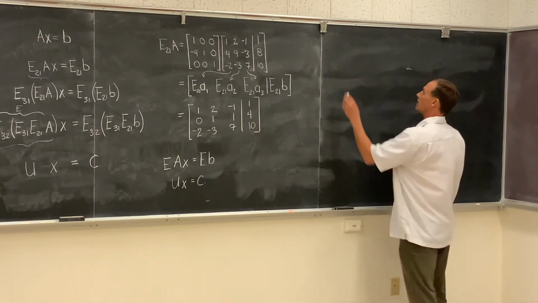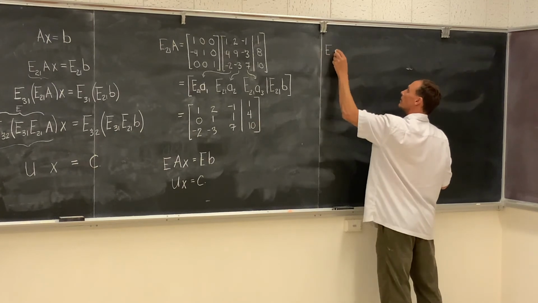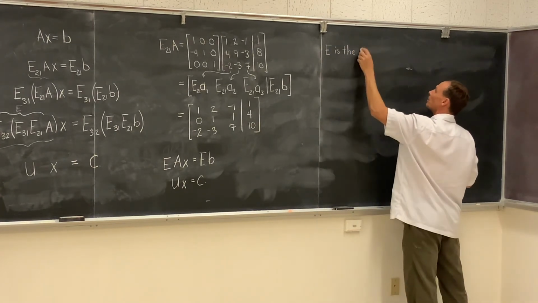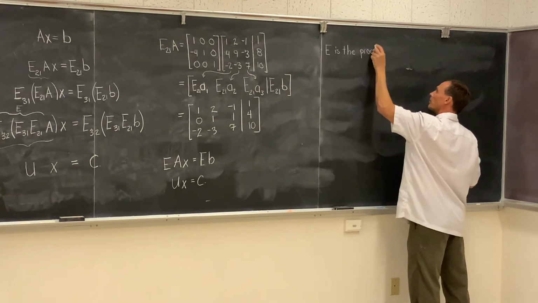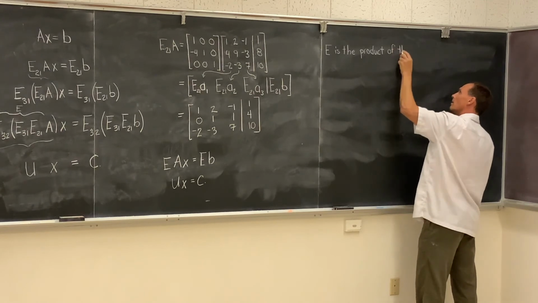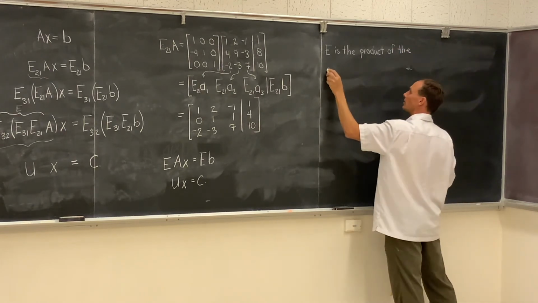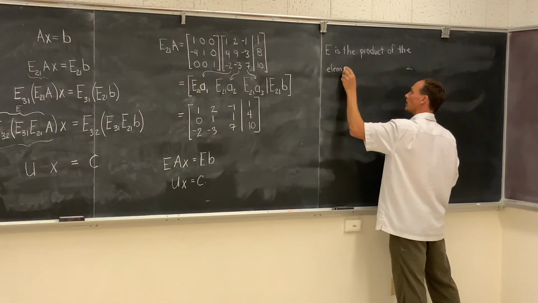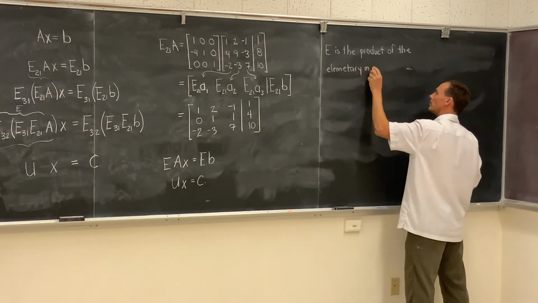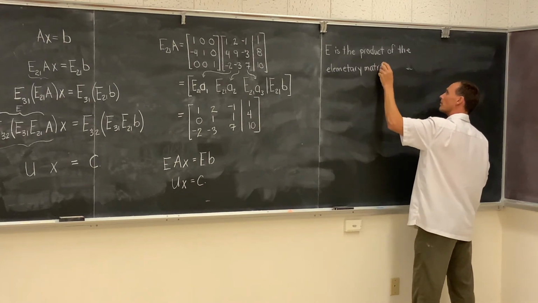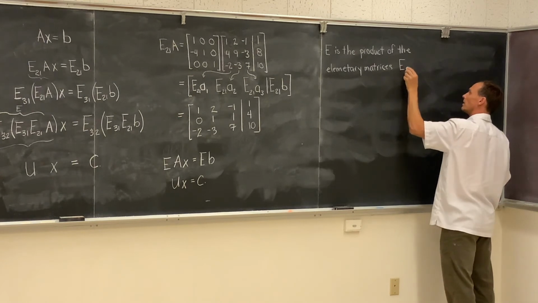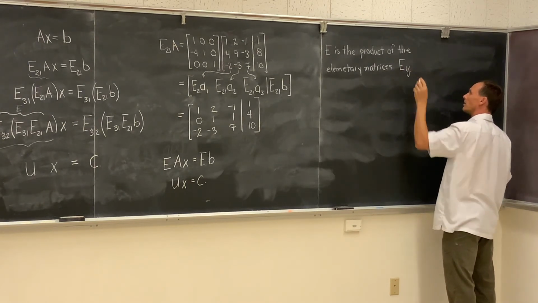Okay, so E is the product of the elementary matrices, E_ij.